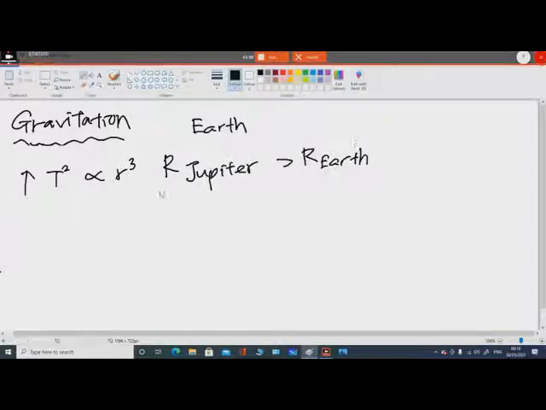So the larger the radius is, the larger is the period of revolution. That is why we know that the period of revolution for the Earth is 365 days for one complete circle around the Sun.